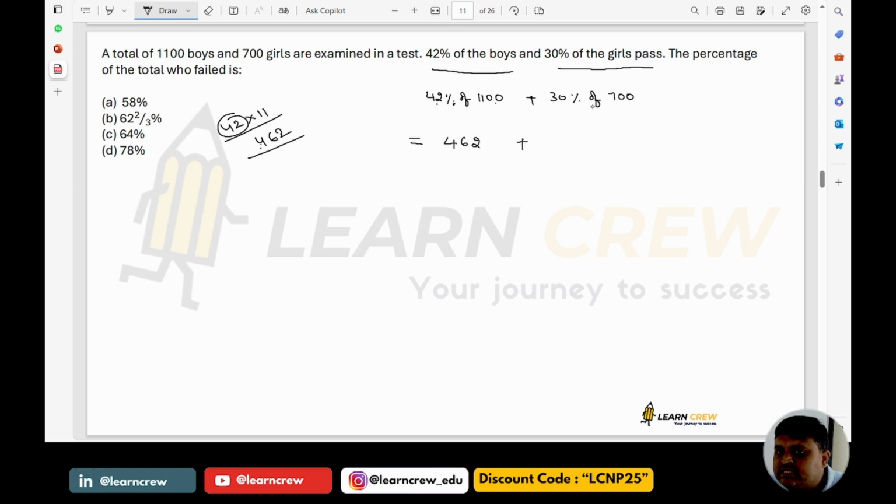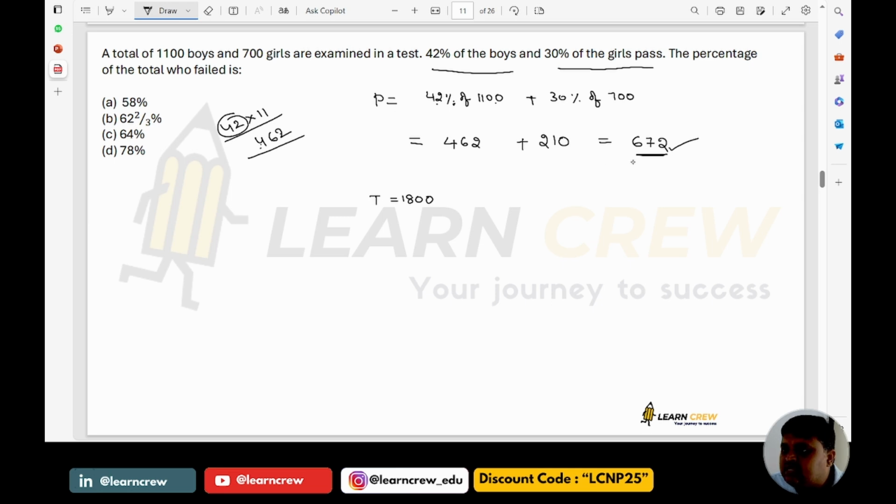And 30% of 700: for every 100, 30, so for 700, 7 thirties, which is 210. So 462 plus 210 is 672. So the answer is 672. 672 is the number of passed candidates. And total candidates are 1100 plus 700, 1800.